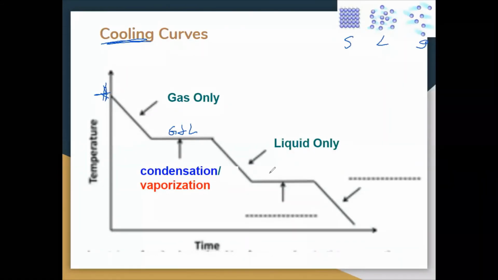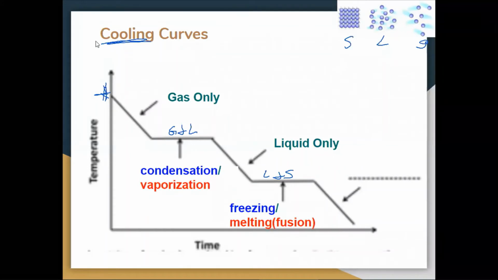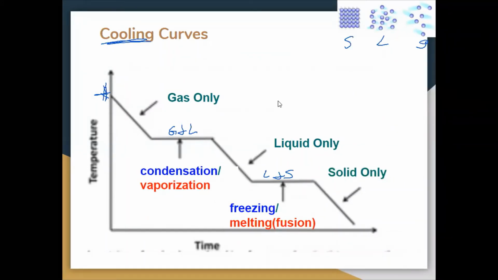And then at this point, I cool that down until I have liquid and solid. And then that process here is going to be freezing or melting. And then all the way up until the point where I've taken away as much heat as possible, or enough to slow everybody down, for that entire sample to become my solid only.